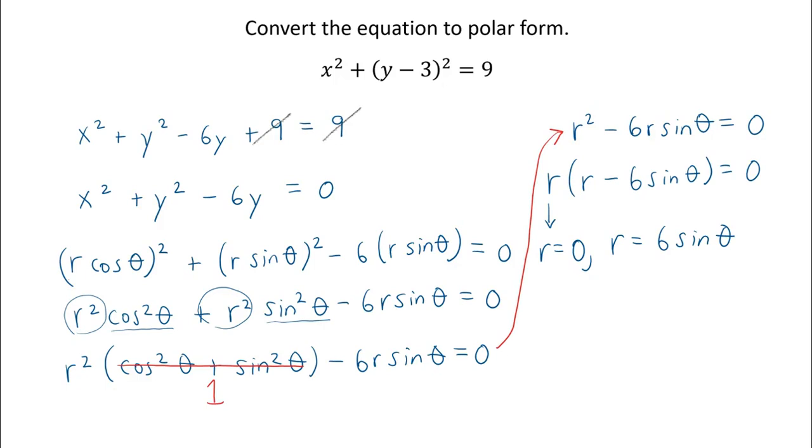X squared plus y minus 3 squared equals 9 is the graph of a circle. R equals 0 is the graph of a single point. So r equals 0 is not going to be the equation that we're looking for. That means that r equals 6 sine theta is the equation that we're looking for. And as it turns out, r equals 0 is just a point on the graph of r equals 6 sine theta.